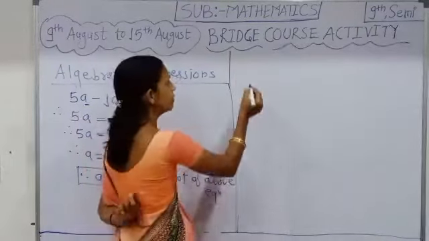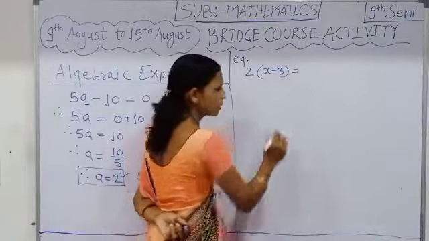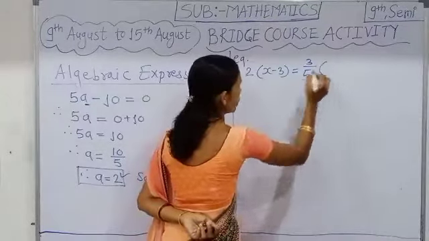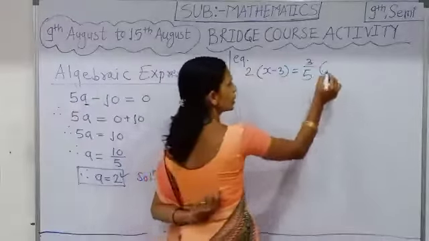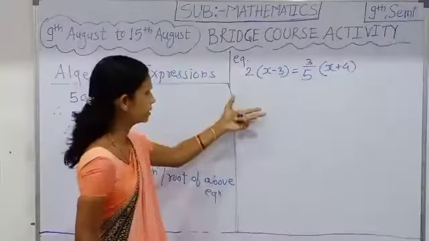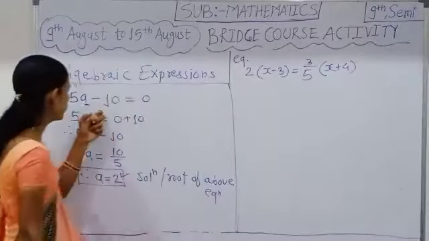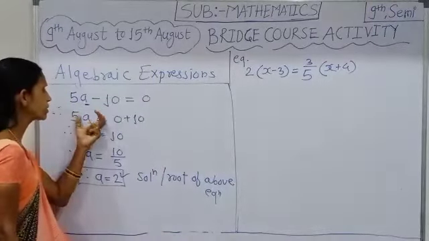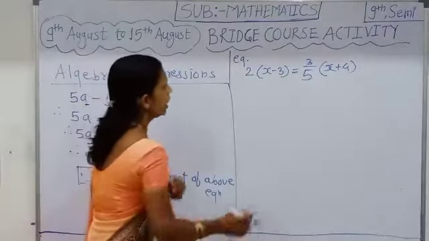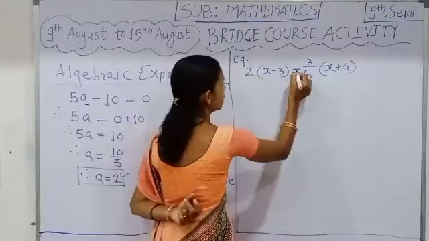Then one more example, that is 2 into x minus 3 is equal to 3 upon 5 in bracket x plus 4. Then how to solve this? There are two different methods. One of the methods I have discussed with you while solving the earlier equation, and there is one more method to solve this type of equation.